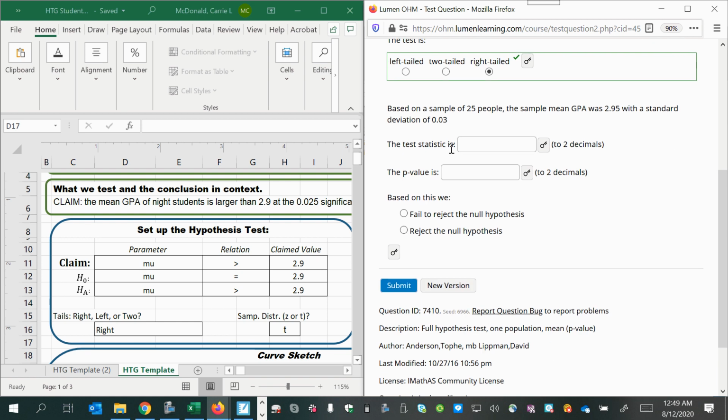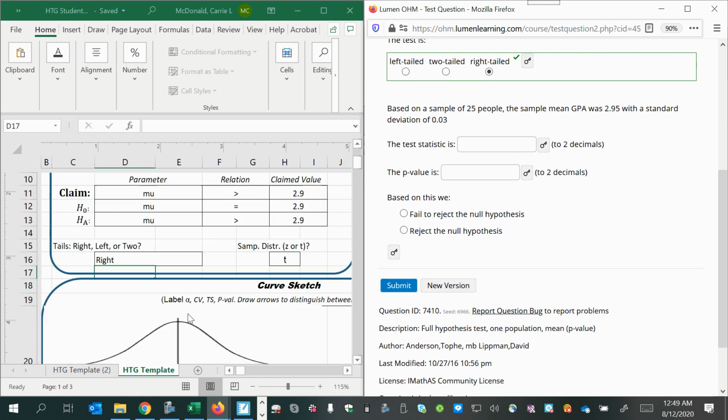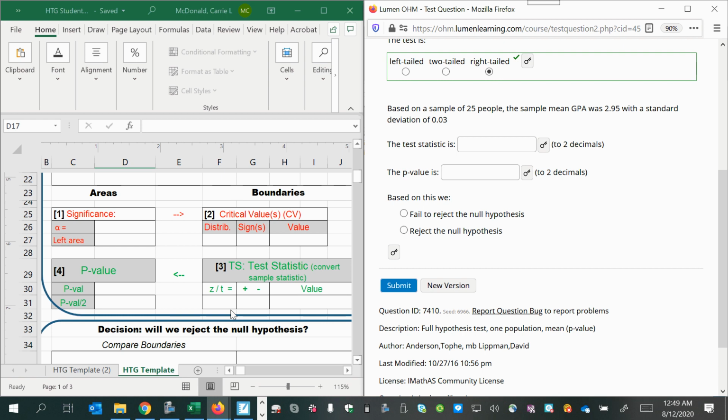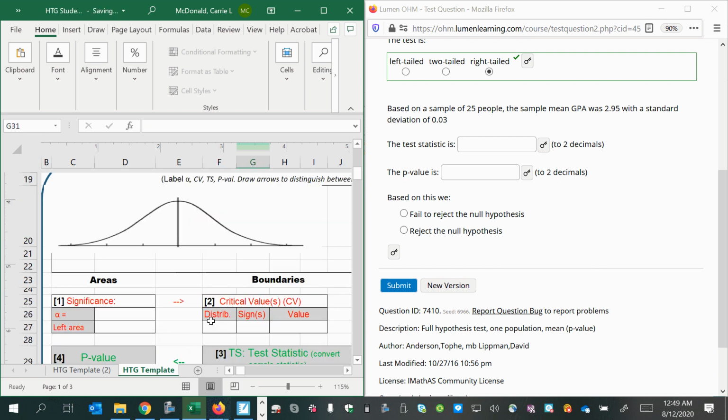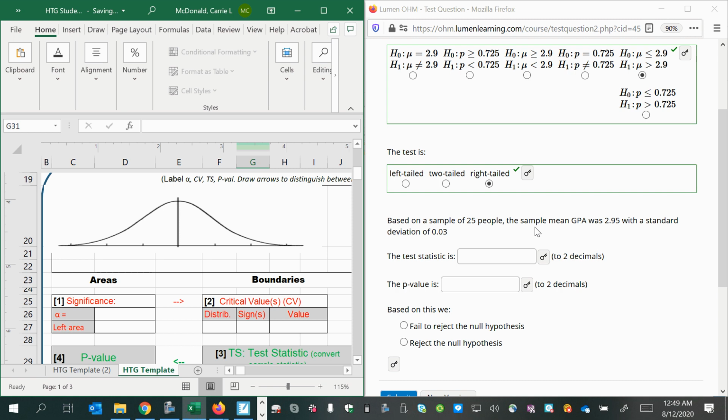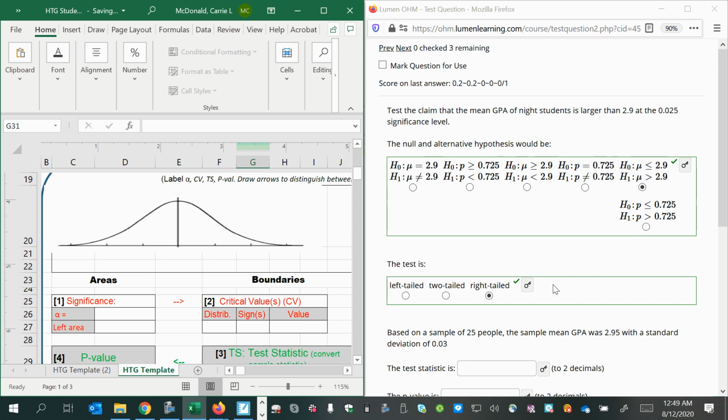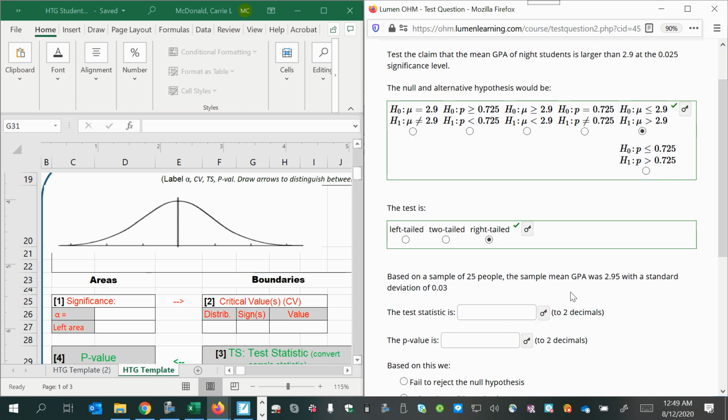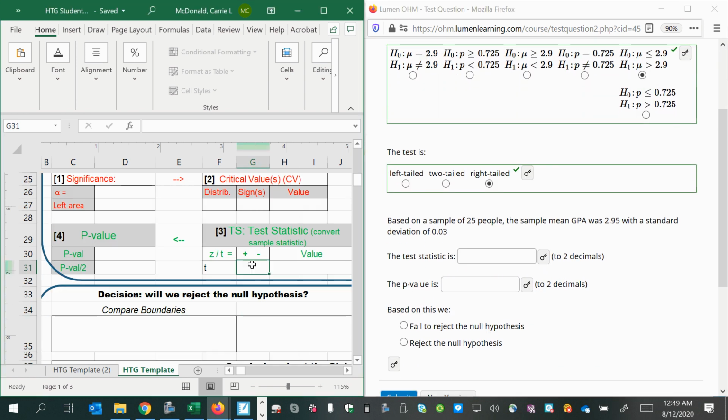And now we will calculate the test statistic. The test statistic takes our sample statistic and turns it into a standardized score. Since we're doing a t-test, it'll be a t-score. And since our sample mean 2.95 is larger than the claimed population mean of 2.9, it's going to have a positive t-score.